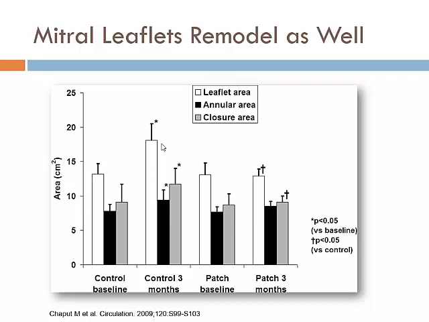They don't look like normal valves. And when you measure the area, those valves actually have a much larger area than normal valves. And you can see that the closure area does not increase very significantly in animals that have MR.